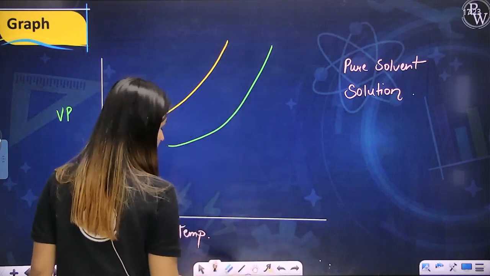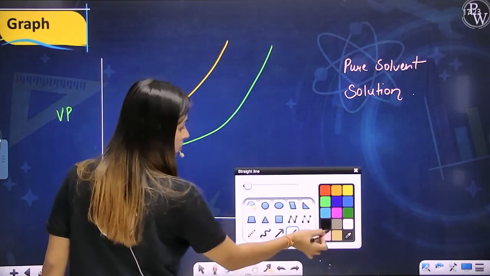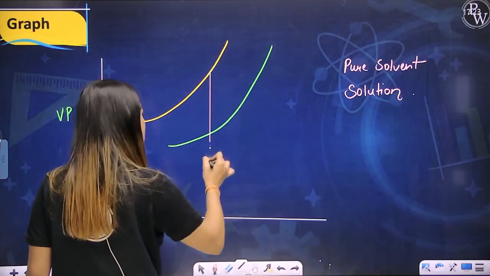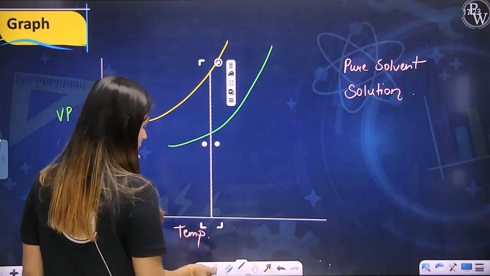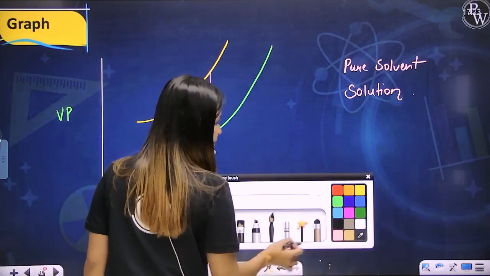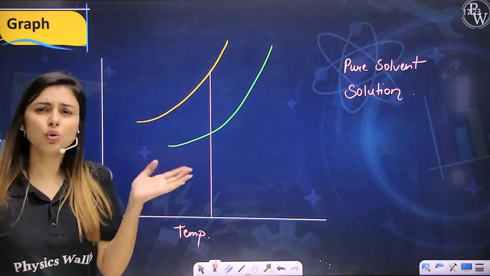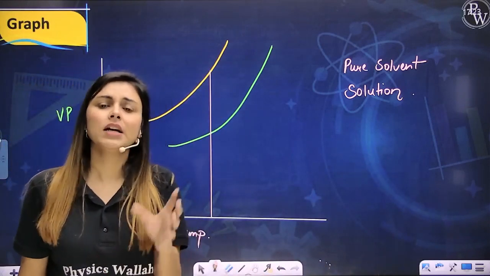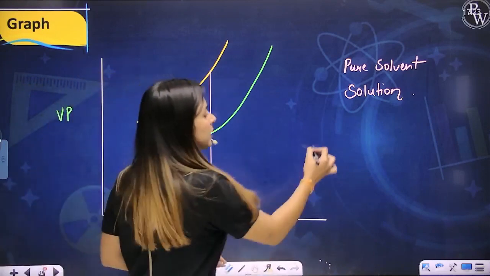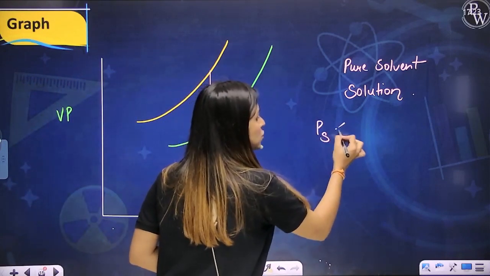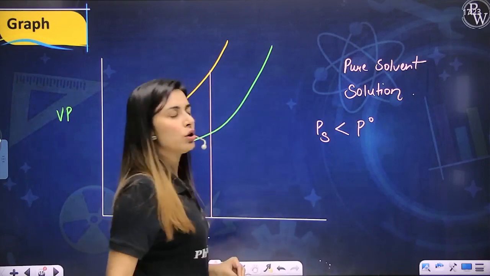I make a straight line, so I fixed the temperature and made a straight line. Now, I still don't know which is solvent and which is solution, but I know that the vapor pressure of the solution is always less than the vapor pressure of the pure solvent.